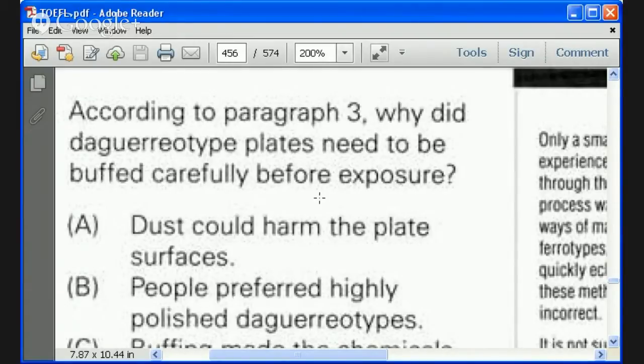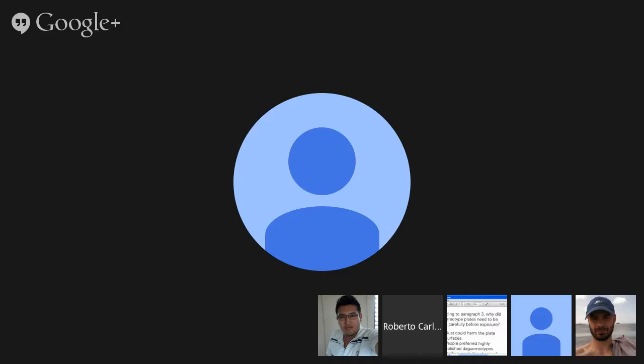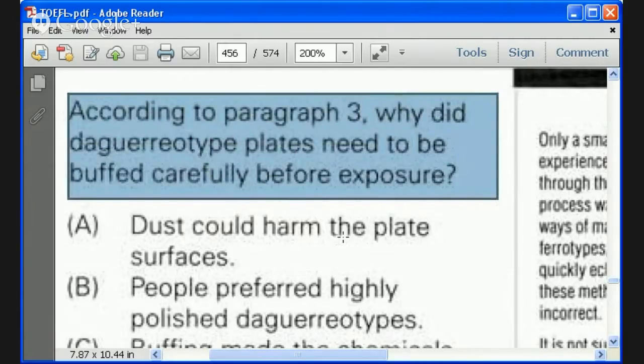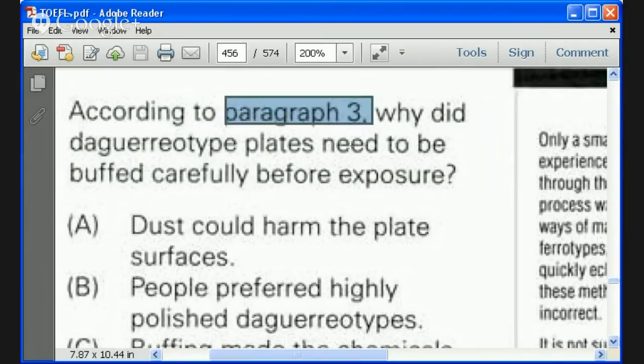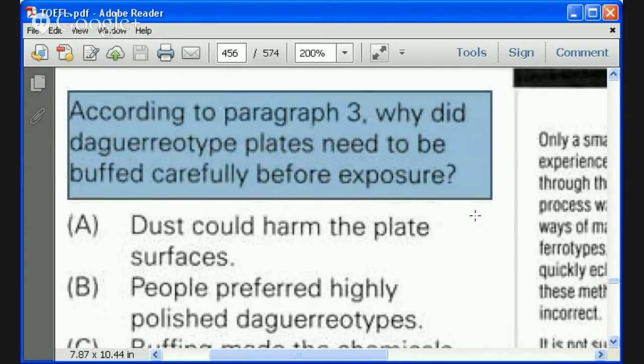I'm going to give this one to you. Here's the strategy. We're going to go to paragraph 3. We know that we need to look for specific information. So, Roberto, what keyword can we look for, or key phrase, maybe?